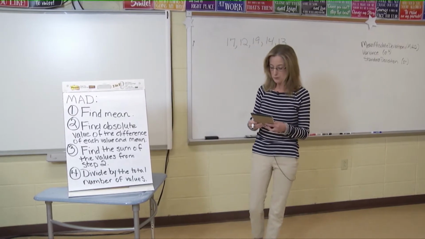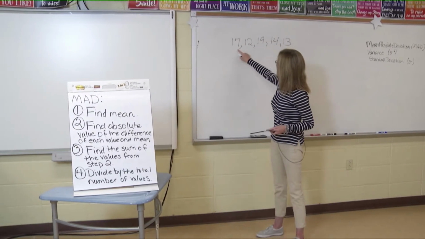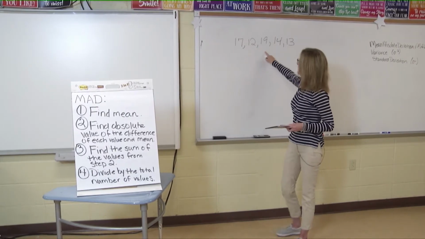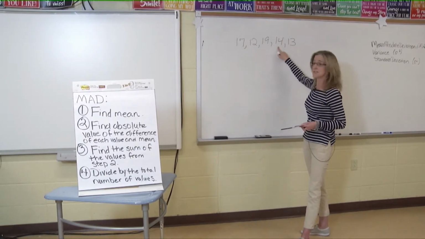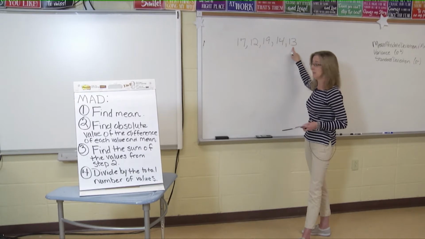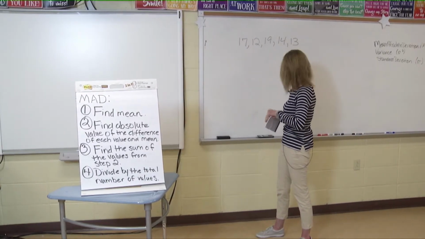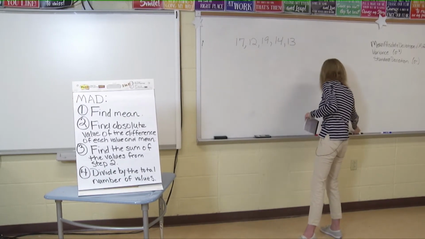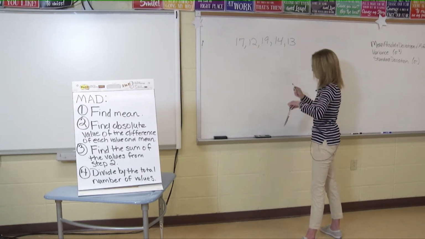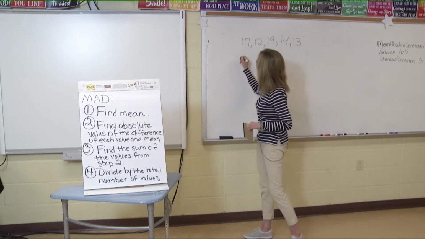Well, if we add those points together, 17 plus 12 plus 19 plus 14 plus 13. We add those together. I don't like this marker, so I'm going to put this marker aside. There we go. I like this type of point.